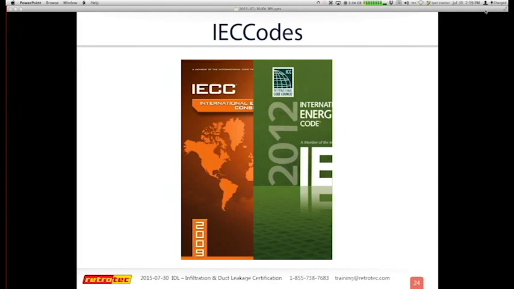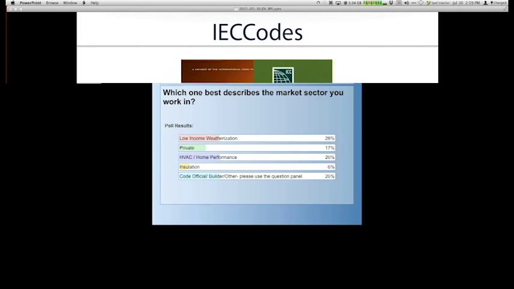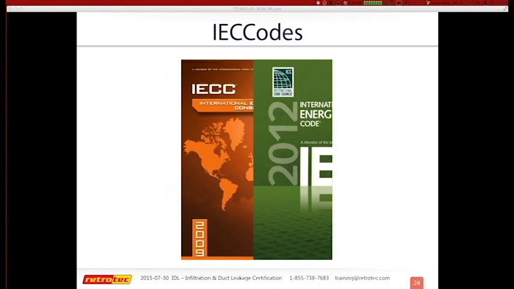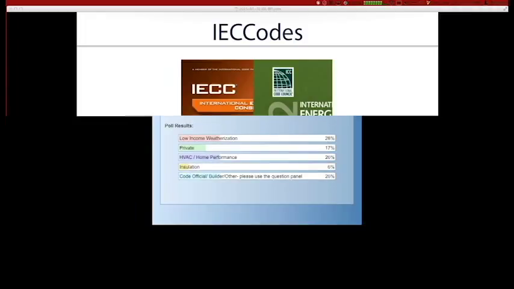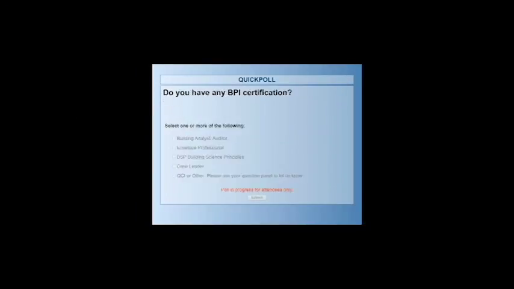Building analyst and building auditor or energy auditor are kind of the same concept now, depending on which avenue you went, whether you were weatherization or more of a private contractor. The envelope professional, the BSP, is the building science principles. For those of you who have not addressed that, although the guide is phenomenal, the test is not a walkthrough. It's definitely something you want to be on your game for.